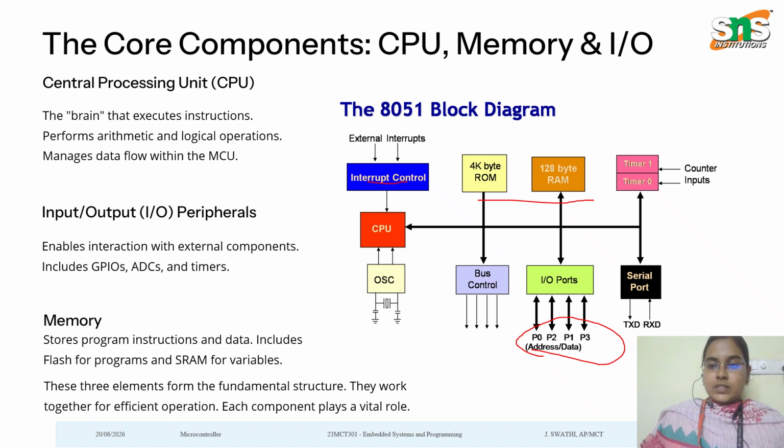And apart from that, we have the serial port used for receiver and transmitter. For example, if we are using any other interface along with the microcontroller, that interface module may have a receiver transmitter which can be connected to this port. And here we have discussed XTAL, that oscillator clock frequency circuit, to modulate your performance.